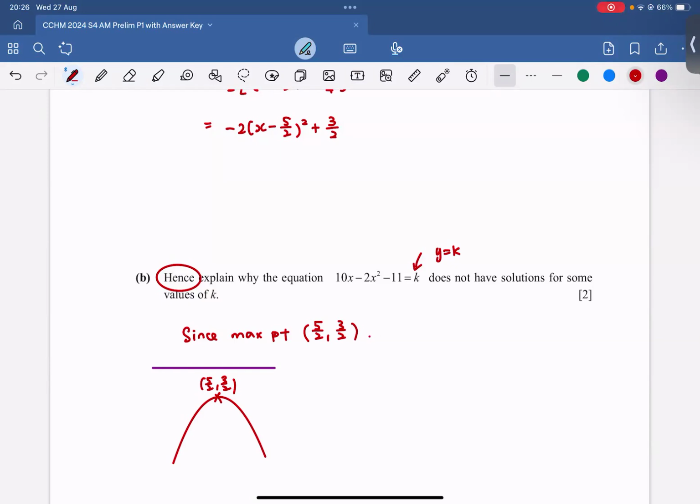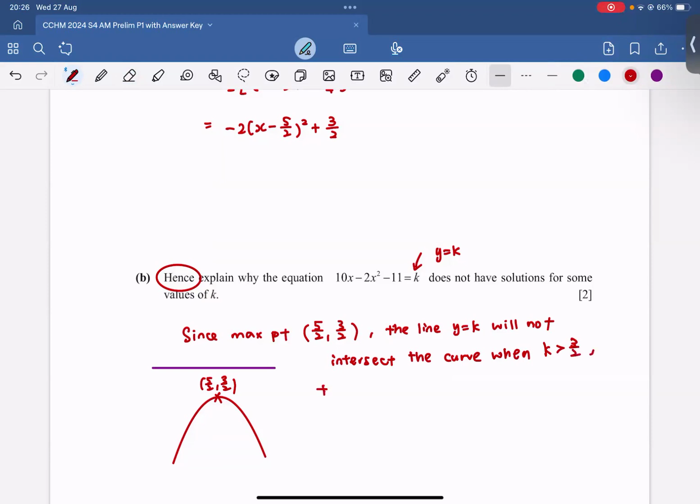So since maximum point is this, any line, so the line y equals to k will not intersect the curve when k is more than 3/2.